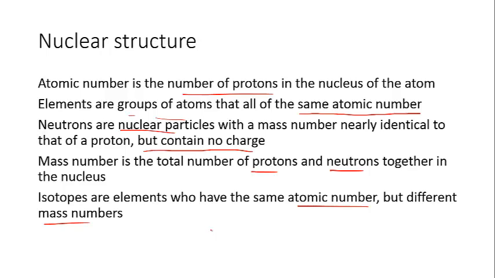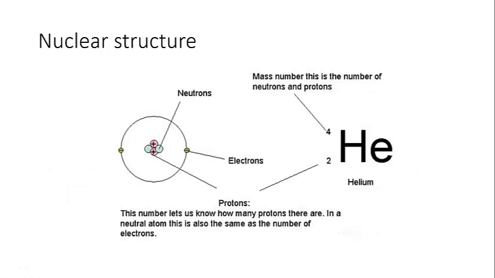Elements are actually mixtures of isotopes, and each isotope has its own characteristic mass. So if we take helium, for instance, the mass number of helium is 4. And remember, the mass number is the number of neutrons and protons contained within the nucleus of the atom.